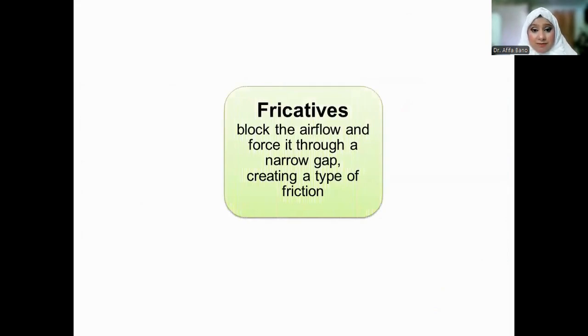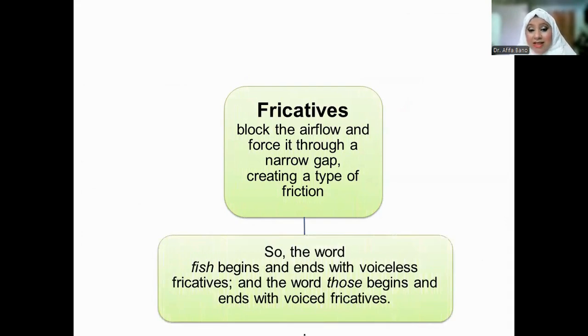Next is fricative. Block the airflow and force it through a narrow gap, creating a type of friction. For example, the word fish begins and ends with a voiceless fricative, and the word those begins and ends with a voiced fricative.